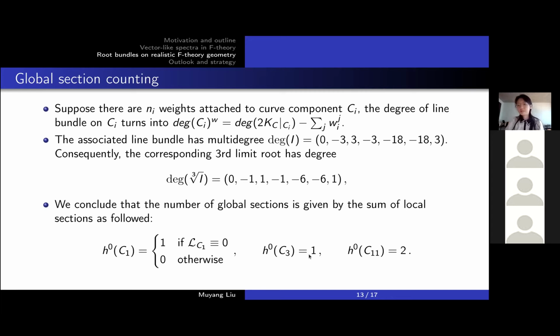Notice that the H0 counting on the last 2 curves is fixed by applying the Kodaira vanishing theorem, because their degree uniquely fixes the H0 counting on those kinds of curves. So we are only left with the H0 counting as local sections on C1, which is a degree 0 line bundle on a genus 1 curve.